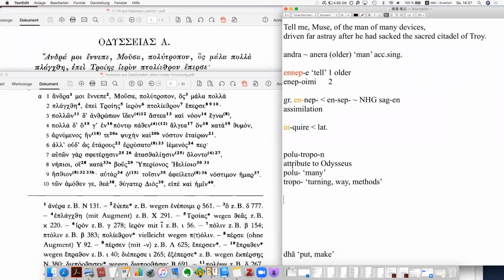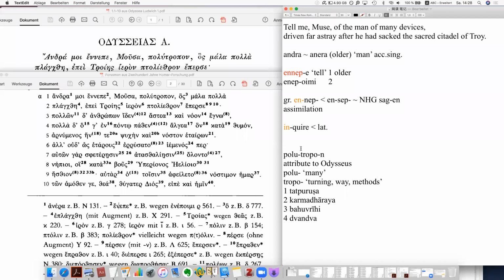And then let's tell, what kind of compound is this? So first choice, tatpurusha. Second one, karmadharaya. Third choice, bahuvrihi. Fourth, dvandva.